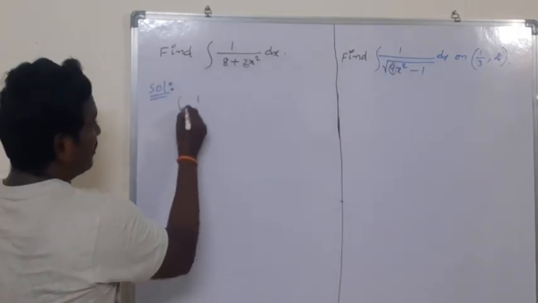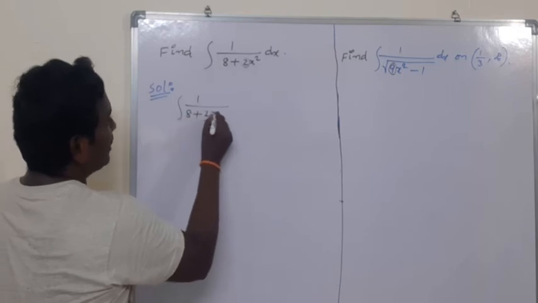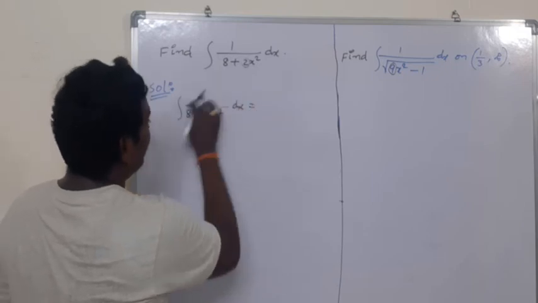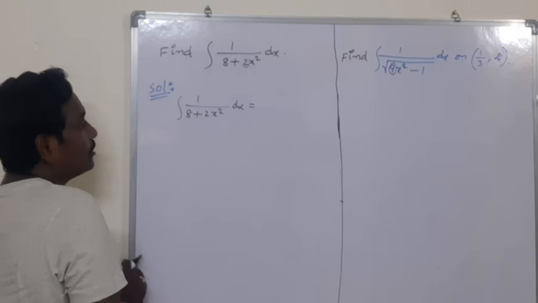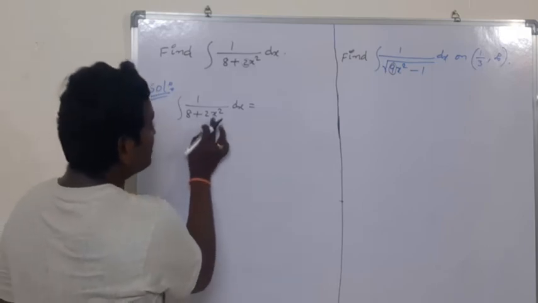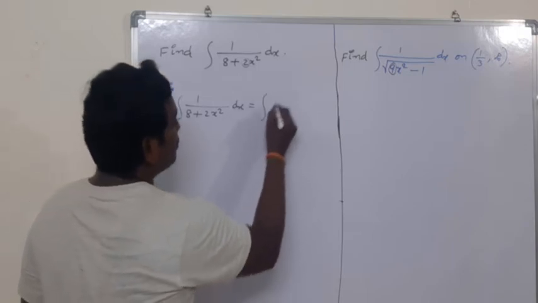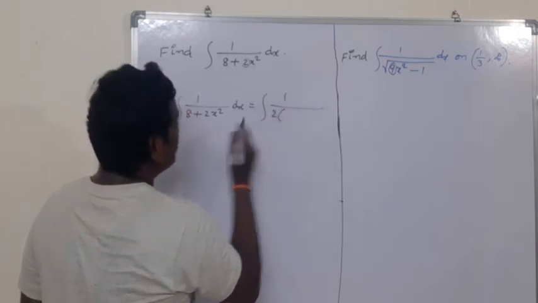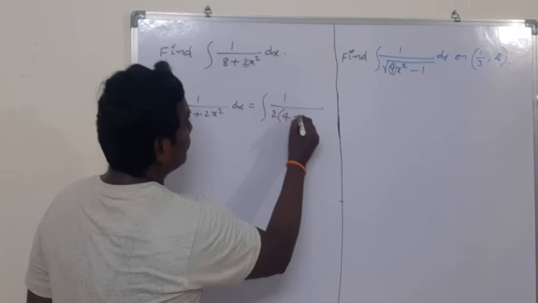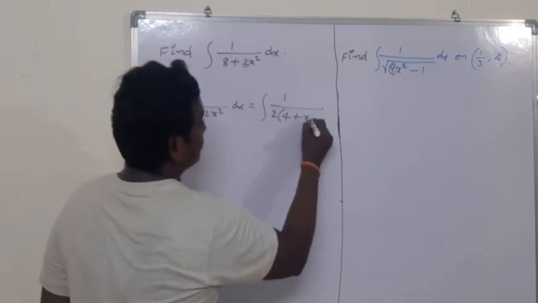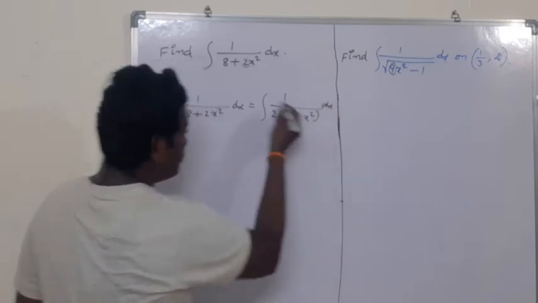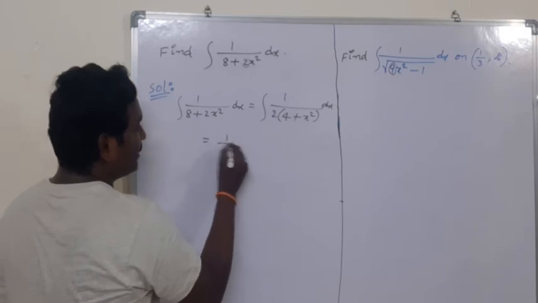So consider the given problem. Integration of 1 by 8 plus 2x square dx is equal to, to make the coefficient of x square 1, take the 2 common out from the denominator. So you will get 1 by 2 whole into, here you will get 4 plus x square whole into dx. Now this integration can be written as 1 by 2.